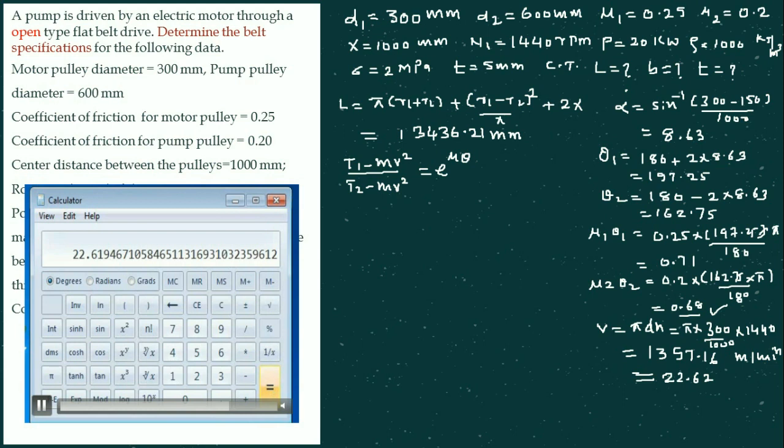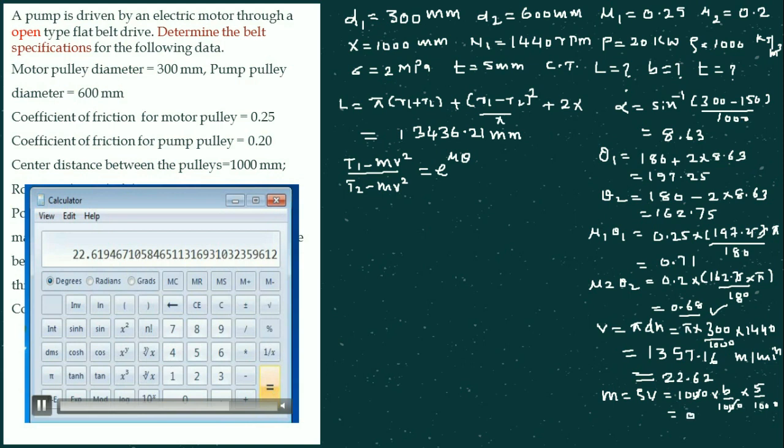So now we need to calculate the mass, that is m. m is equal to density into volume. We know the density here, that is 1000, and volume is breadth B in meters, and T we know that is 5, and again it is to be divided by 5. These two get cancelled.